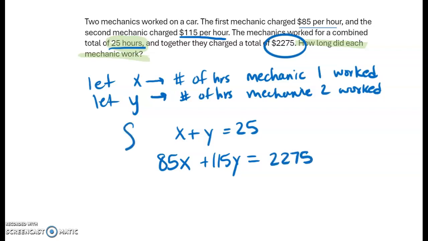And so now I have my system. I can use any of the methods that we discussed. I can use substitution here. I do have coefficients of 1, so that would work. I can use the addition method, and I could also graph the two and see where the two lines intersect.